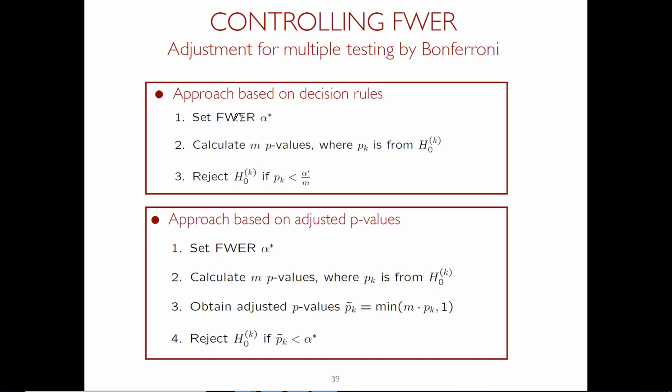And now we can also restate this in an equivalent procedure using adjusted p-value. So if the p-value is less than alpha divided by m, it's the same as multiplying the p-value by m and comparing it to alpha. And so the adjusted p-value will be p times m. And then we bound it to 1, just so that the adjusted p-value stays between 0 and 1, and we compare the adjusted p-value to alpha.